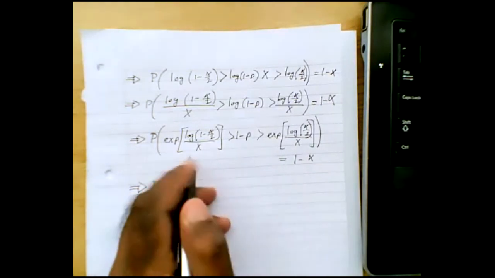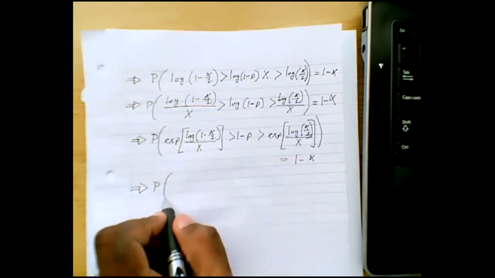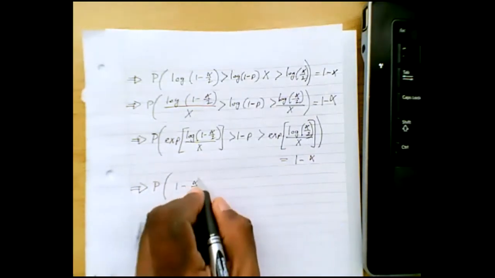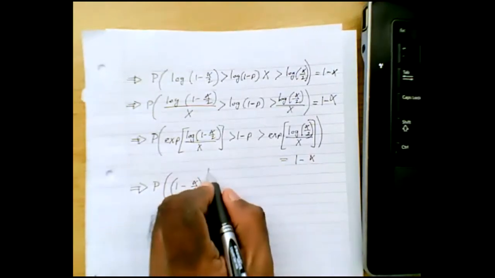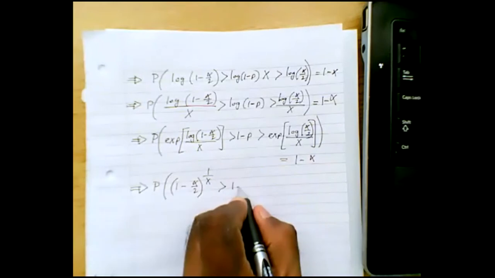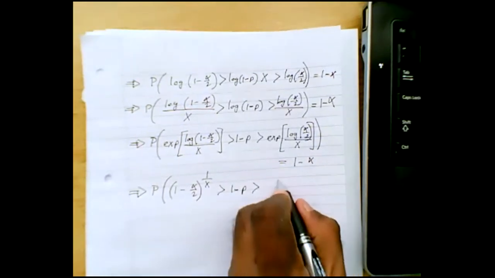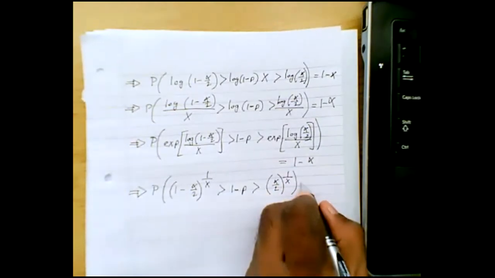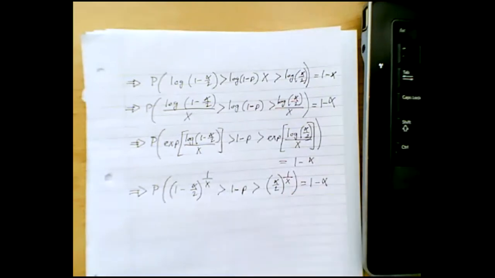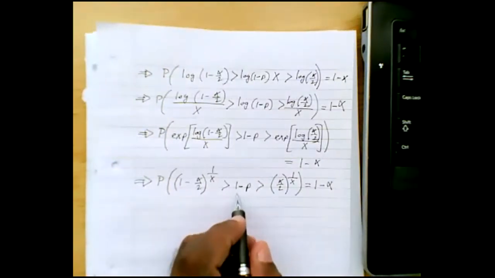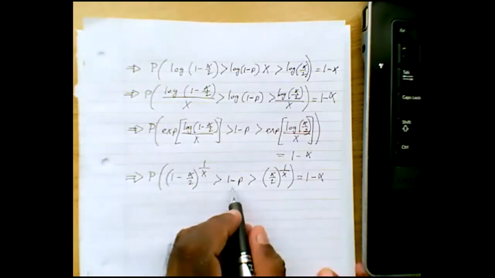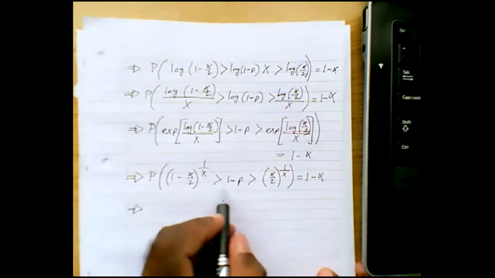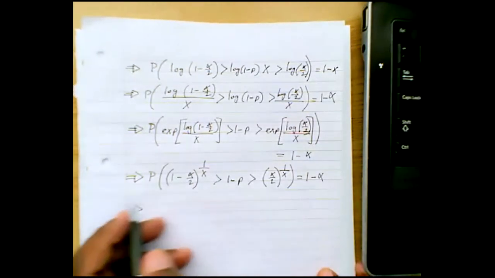Now the next thing, this one actually you can simplify. You can simplify this one and this one to the following. This will become 1 minus alpha by 2 to the power 1 over x. And finally, I'm going to take away 1 minus each term, right?